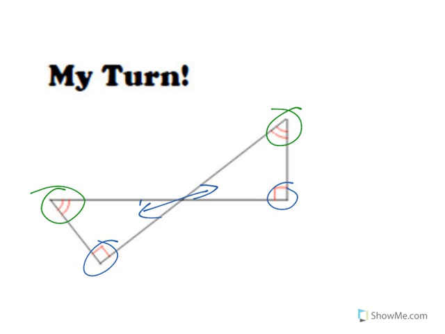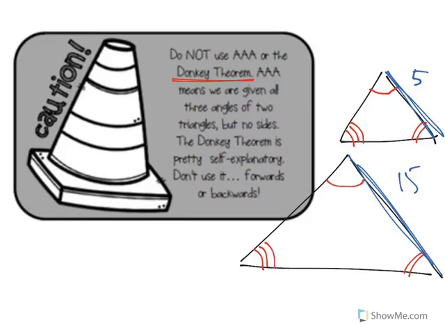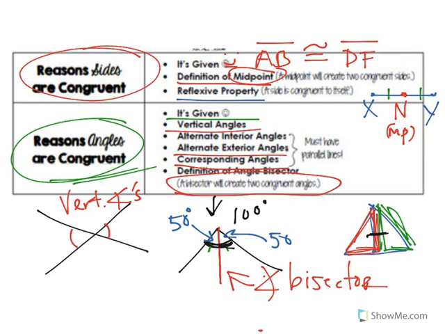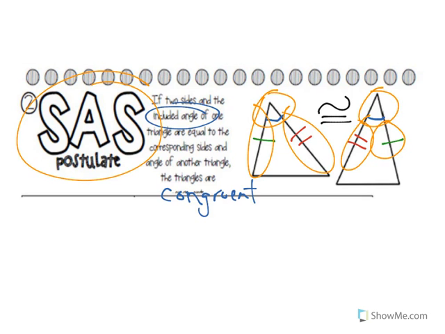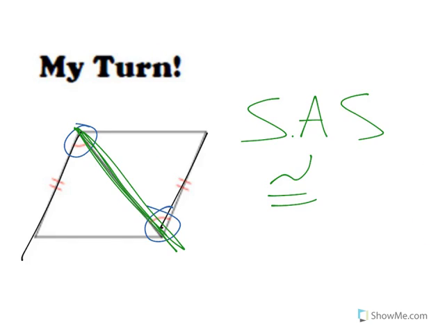I know there's congruence when we have vertical angles. These are vertical angles. So we established earlier that vertical angles are congruent, so those are reasons why they're always going to be congruent.